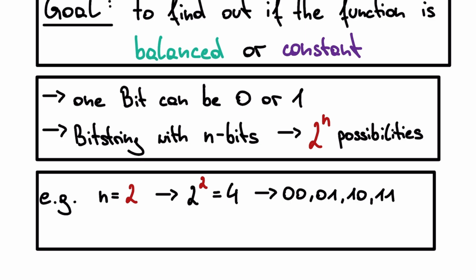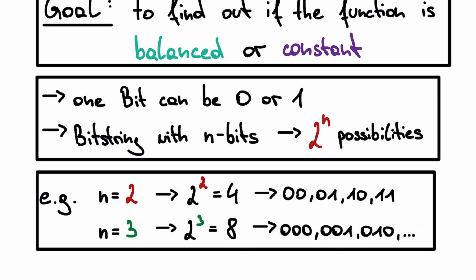That gives us 0, 0, 0, 1, 1, 0, and 1, 1. 4 combinations in total. If we had 3 bits instead, so n equals 3, then we'd have 2 to the power of 3 equals 8. That would give us 8 combinations, for example, 0, 0, 0, 0, 0, 1, 0, 1, 0, 0, 1, 1, and so on.